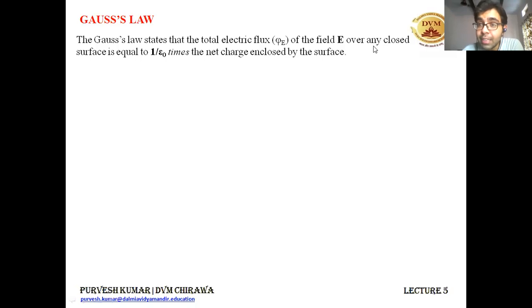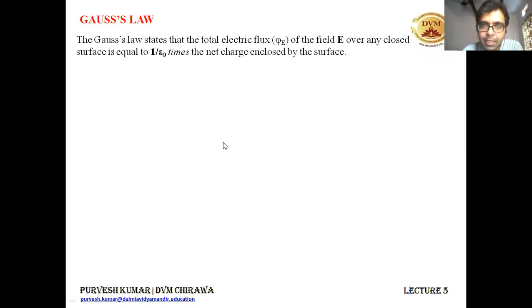So the surface is enclosing some charge. We are interested in that charge only, and also the net charge. Whatever be the total amount of charge enclosed by the surface, if we divide it by epsilon naught, we will get the value of phi E, the electric flux linked through that surface.